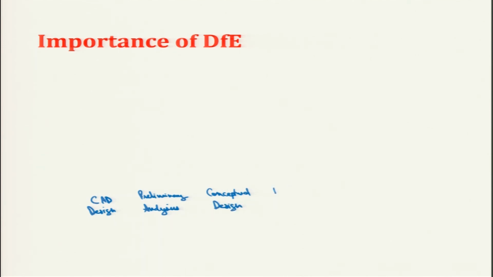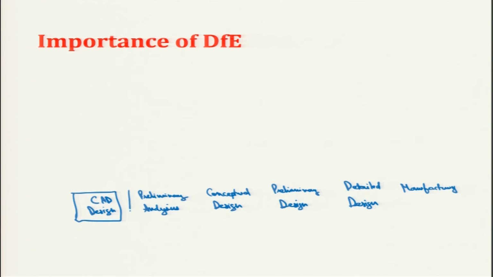After conceptual design we have preliminary design. After preliminary design is passed, we have detailed design, and then we have final manufacturing. So this is the flow of manufacturing.